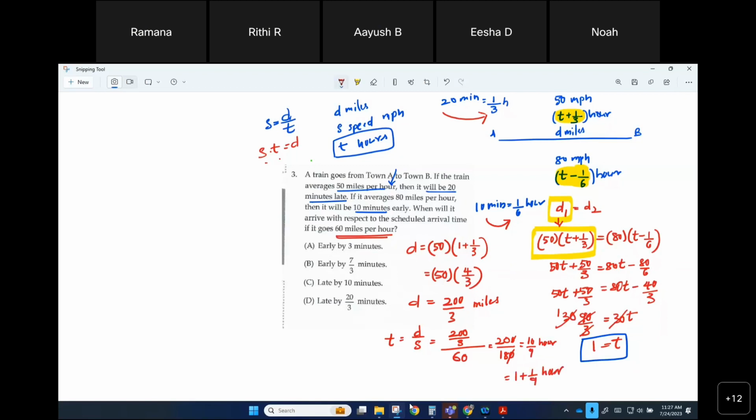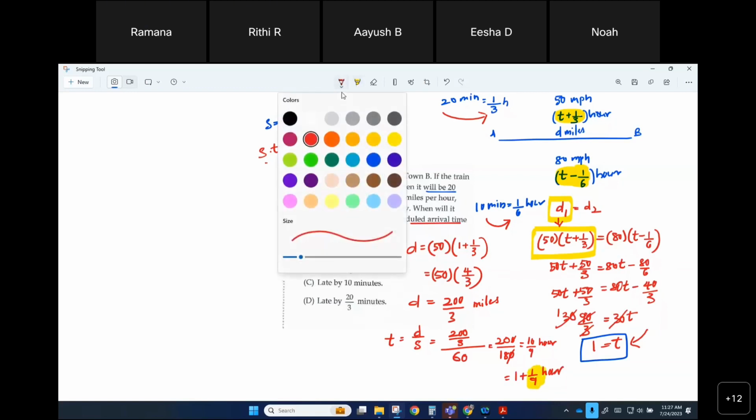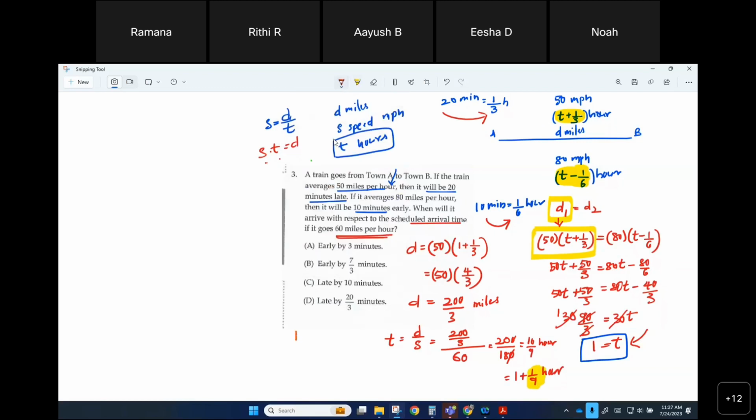When will it arrive with respect to the scheduled arrival time? The scheduled time is 1 hour. Since it is taking 1/9 hour more, it is late by 1/9 hour. Do you all agree? But the answer is asked in minutes, so how do you convert hours into minutes?